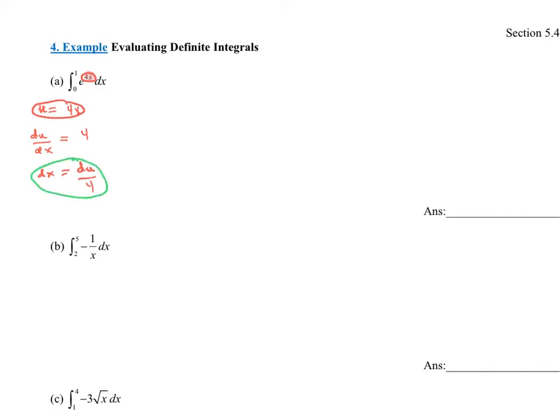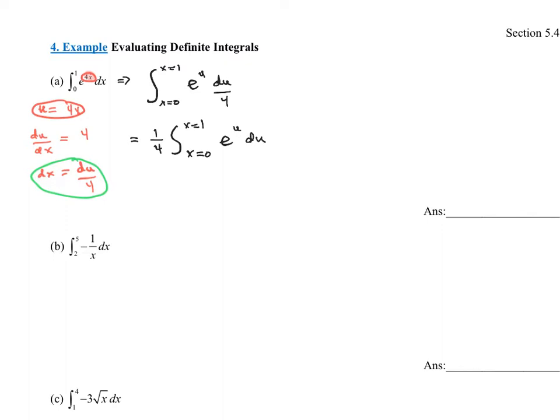I rewrite my integral, but here's where I need to be really careful with my limits of integration. This is the integral from x equals 0 to x equals 1 of e to the u du over 4. I can pull out that 1/4, so this would be 1/4 times the integral from x equals 0 to x equals 1 of e to the u du.